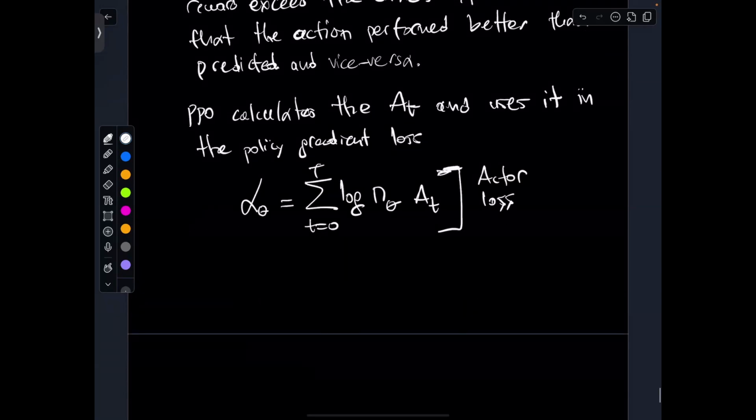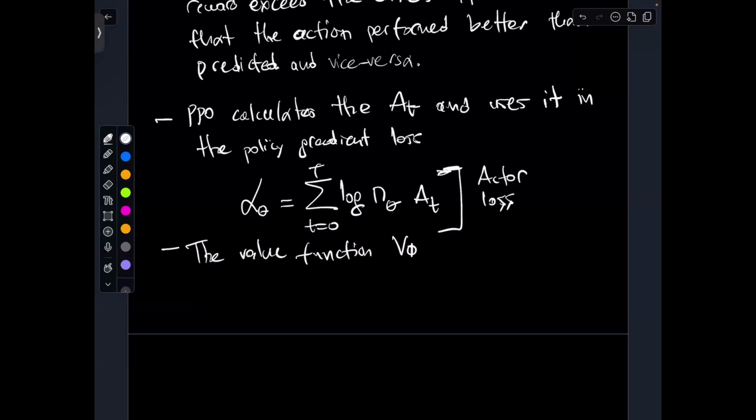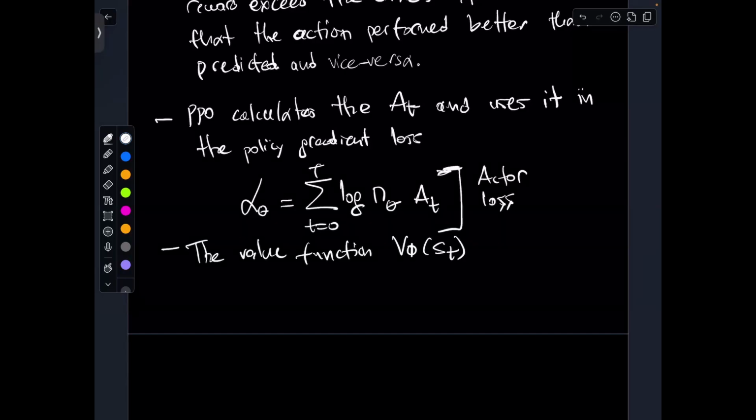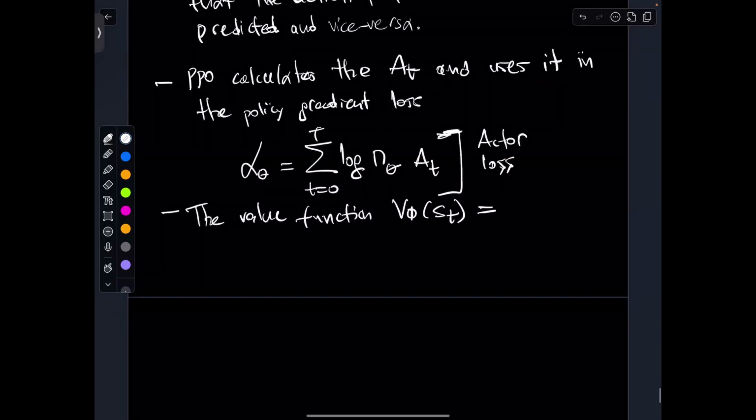let's write it down. The value function V phi of S_t is given, just like all the previous discussion we had from the MDP days.